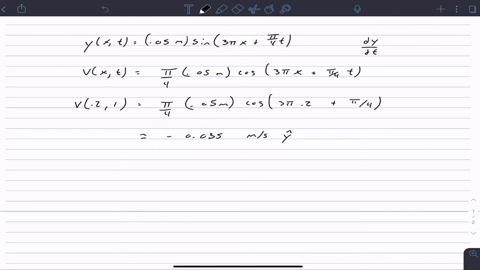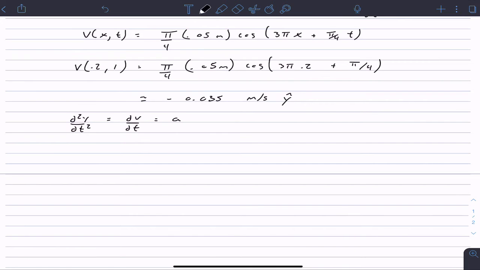For the next part, we pretty much do the same process, and we're asked to find acceleration. So we take another derivative: d squared y over dt squared is equal to dv/dt is equal to a. So let's take this again.